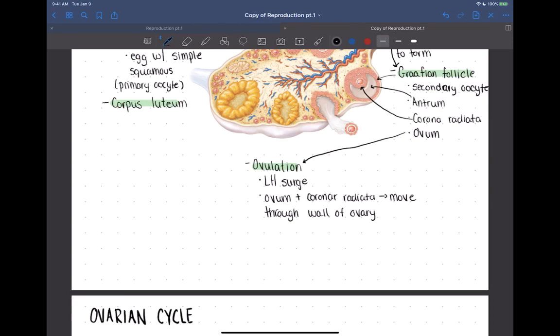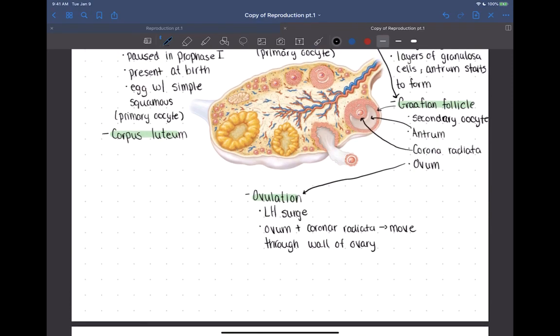But we're still in the ovary, so what's left in the ovary after ovulation? The ovum and the corona radiata leave, but now we have this big thick layer of granulosa cells left behind. This is going to shrivel up and collapse in on itself and become this structure. That is called the corpus luteum.